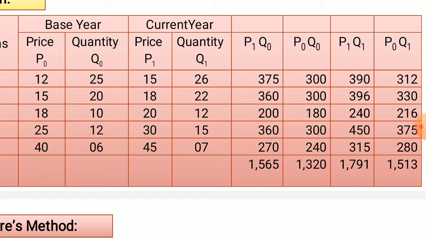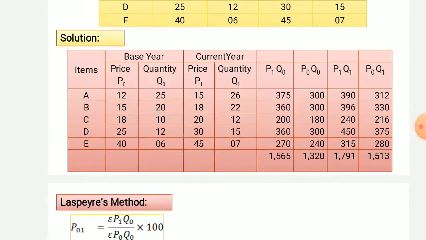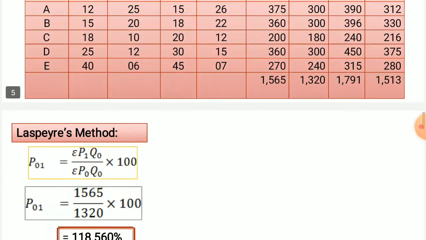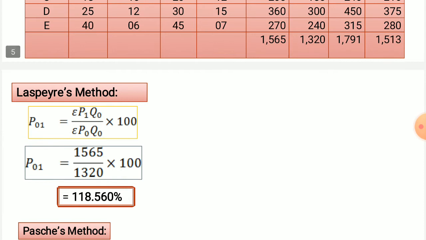Now, substituting these values in the formula, we get the index numbers according to the Laspeyre and Paasche methods.